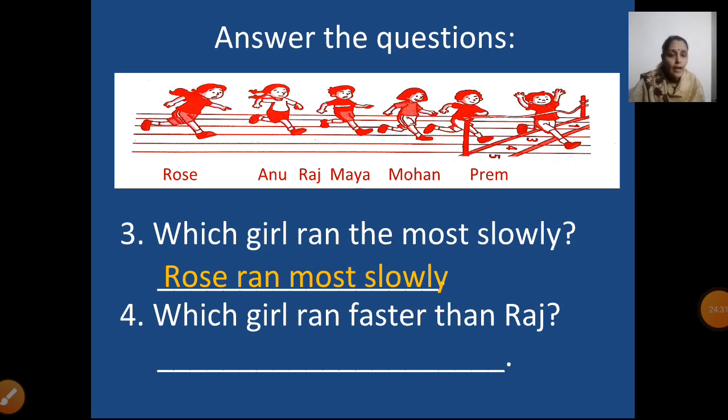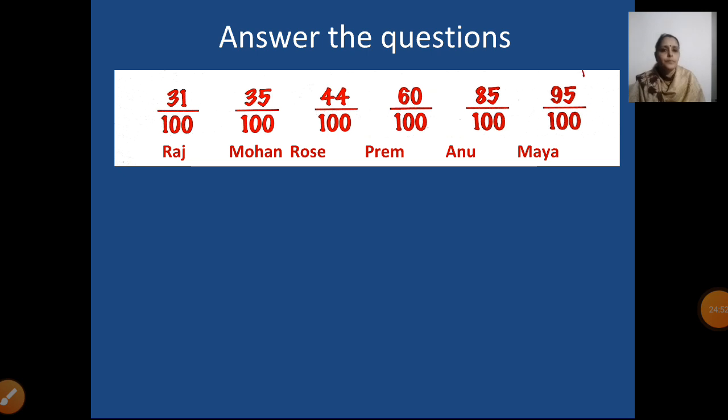That means look at Raj. Who is ahead of Raj? Maya. Is there any other girl ahead of them? No. So Maya ran faster than Raj. Yes? Clear? Okay.